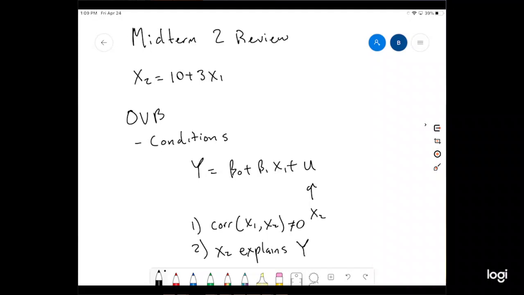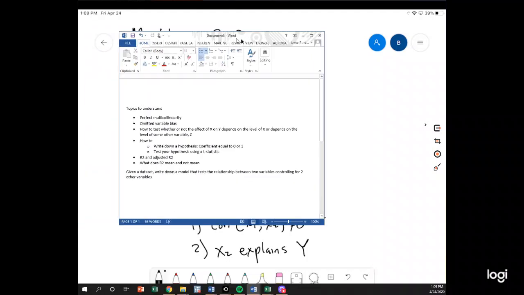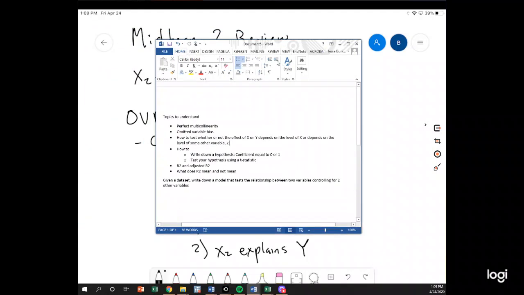So x2 is an important predictor for y. If both these conditions hold, we have omitted variable bias, meaning the coefficient estimates on beta 1 hat are going to be biased. So know what omitted variable bias is.